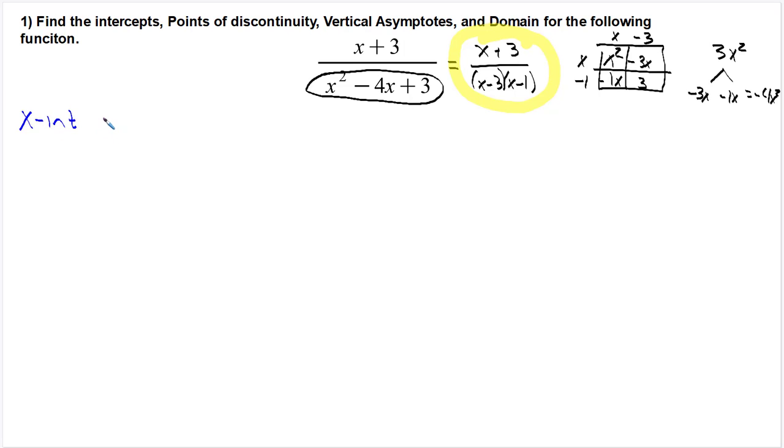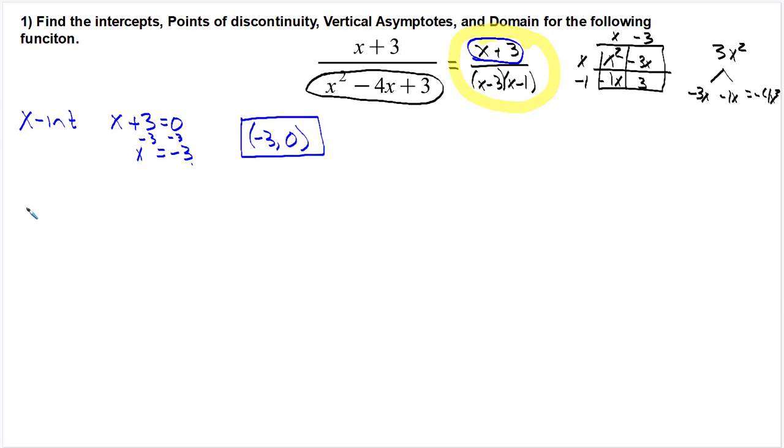To find our x-intercept, we're going to take our numerator and solve. So x equals -3, because I subtracted 3 from both sides. So our x-intercept is -3, 0.